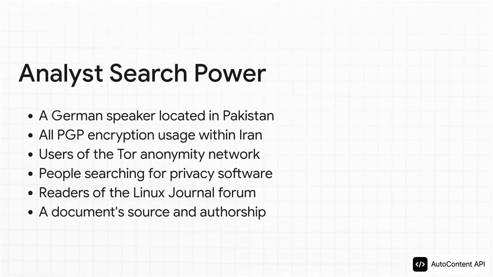Sure, an analyst could search for an anomaly, like finding someone speaking German in Pakistan, but they could also track anyone who's using privacy tools like PGP encryption or the Tor network. Just think about that for a second. The very act of you trying to protect your own digital privacy could automatically flag you as a person of interest. It's a fundamental shift from targeting specific people to targeting specific behaviors. Your online habits alone could be enough to put you on a list.